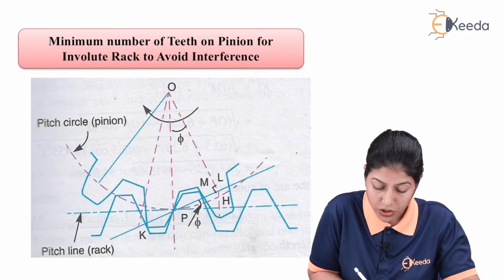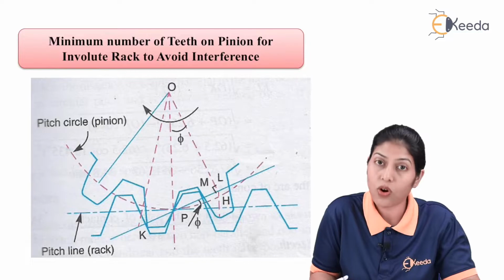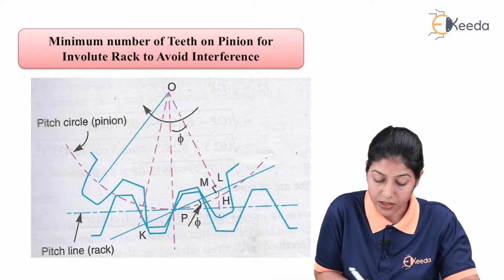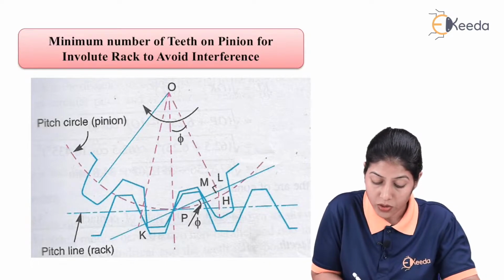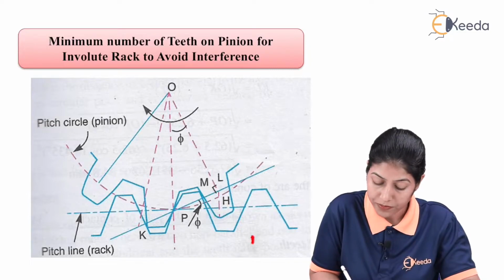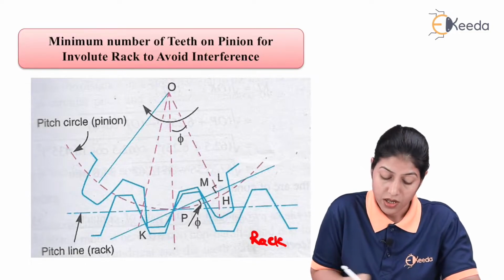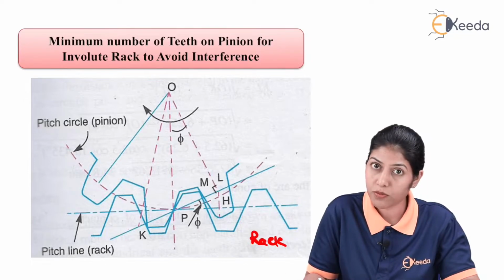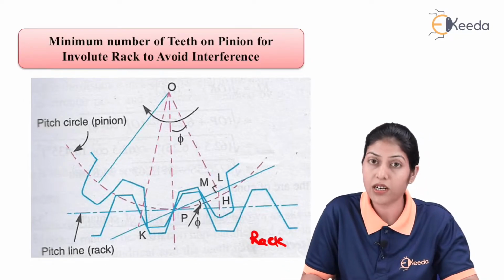So this straight rectangular bar with a number of teeth is called the rack, and this rack is in contact with the pinion. Here we can convert the rotary motion of the pinion into linear motion of the rack, and we can also convert the linear motion of the rack into rotary motion of the pinion. So rack and pinion gears are generally used to convert between linear and rotary motion, as well as for power transmission.